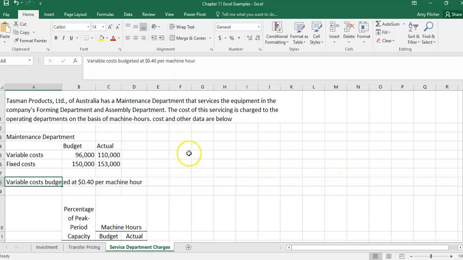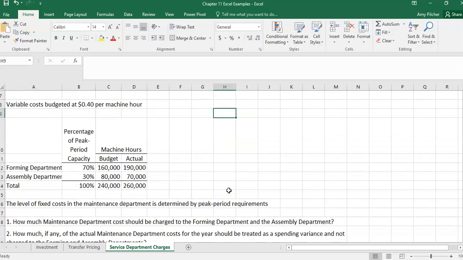So in this example, we have two manufacturing departments that we're going to allocate maintenance department costs to. We see that variable costs are allocated at 40 cents per machine hour, and our fixed costs are allocated by these peak period requirements of capacity.